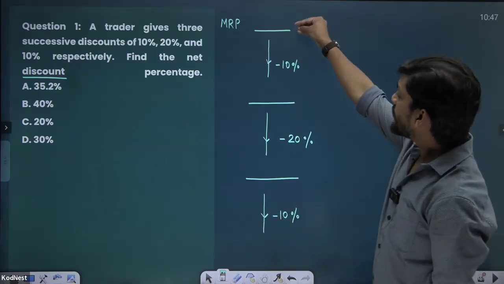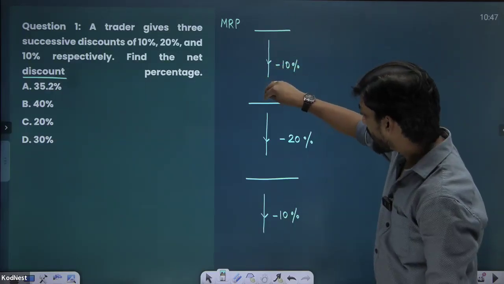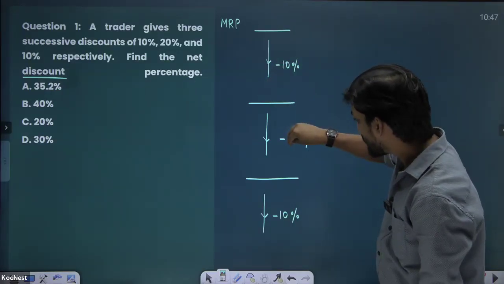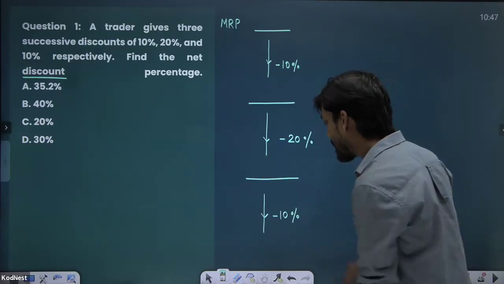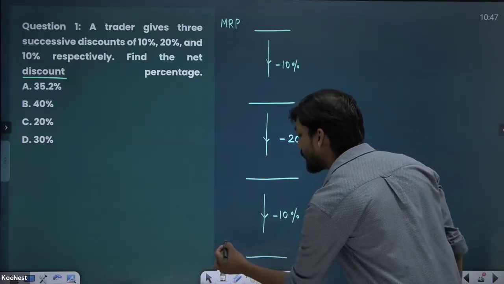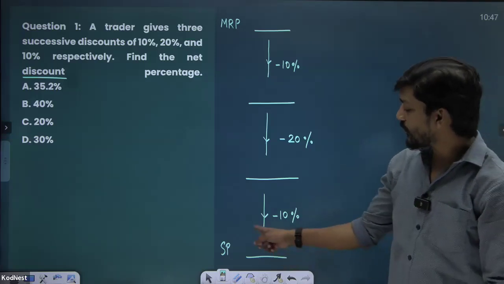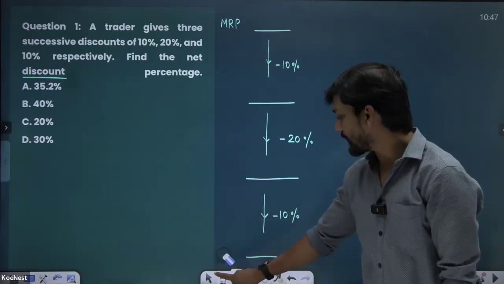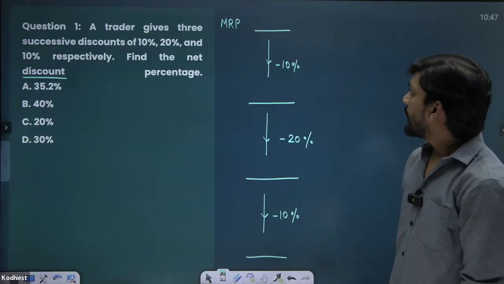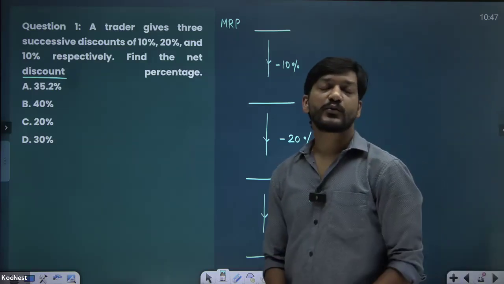So MRP, first discount, you will get one new value. On this new value, one more discount. On this new value, one more discount. This is the final price what you will have to pay. At this price, the product will be sold, but leave it. Without MRP, I cannot solve this question.